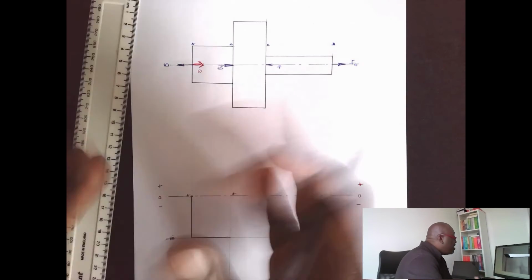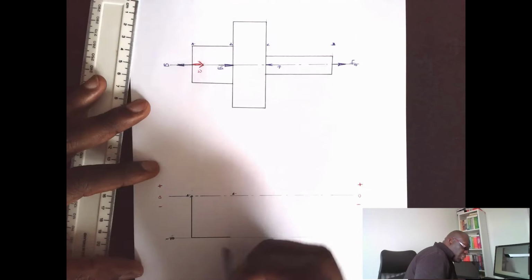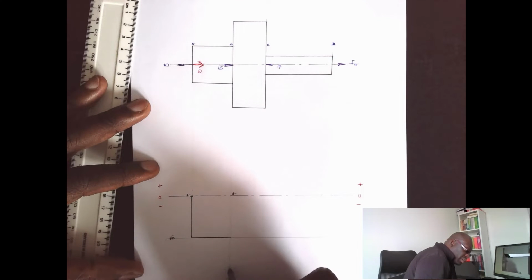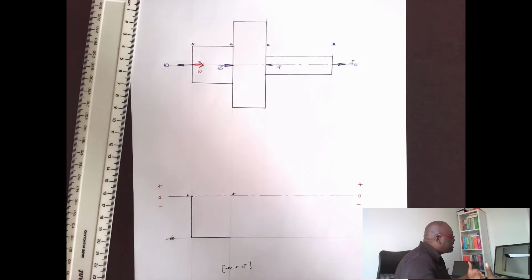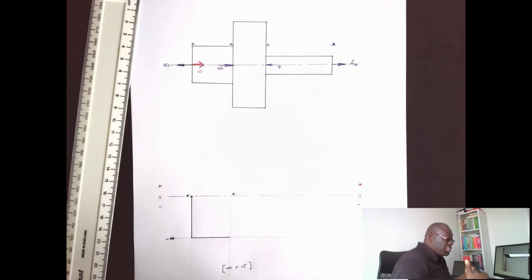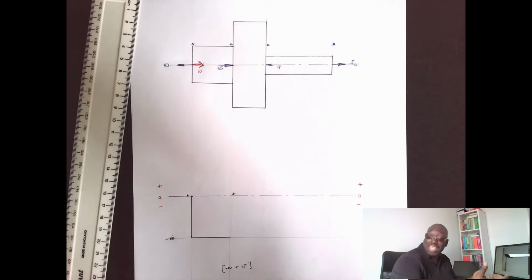So as a result of that, we need to work out what the net force is going to be. The net force at this point will be minus 10 plus 15, because within the material, even though you've got an external compressive force of 15, the material needs to generate a reaction to counter the compressive load, so that reaction will be in tension.